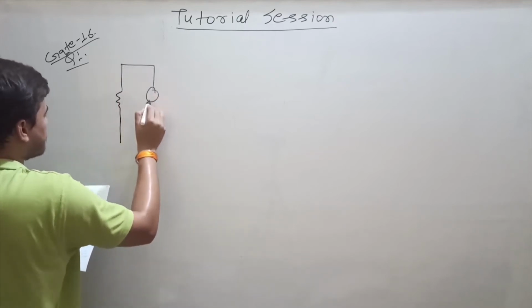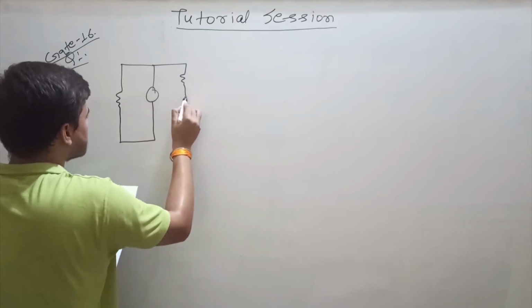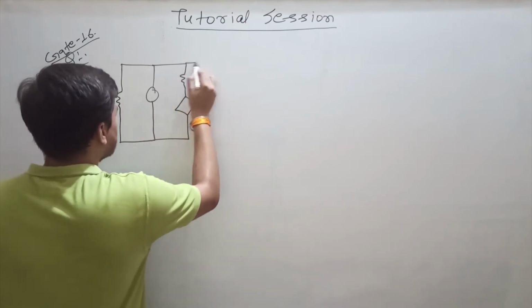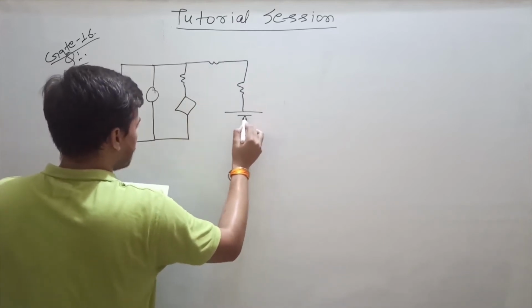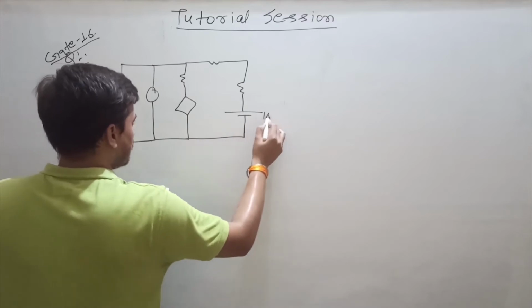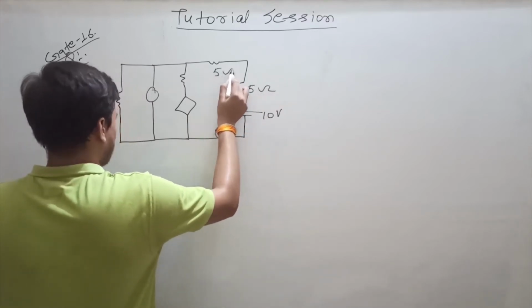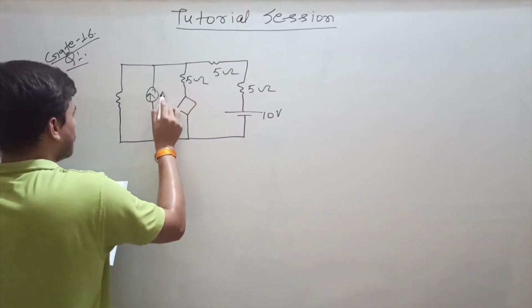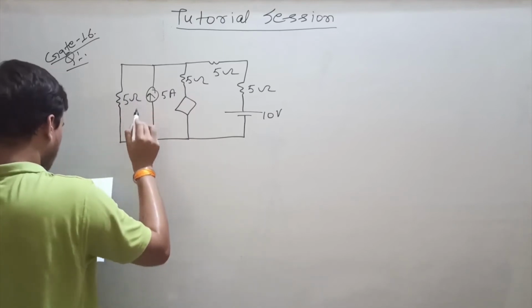The given question is: you are having a resistance, a current source, then a current-dependent source, then resistances, and a battery of 10 volt, 5 ohm, 5 ohm, 5 ohm, 5 ampere. This is 5 ohm.